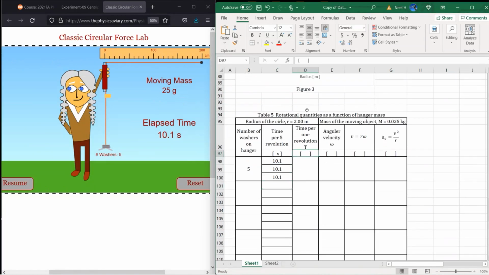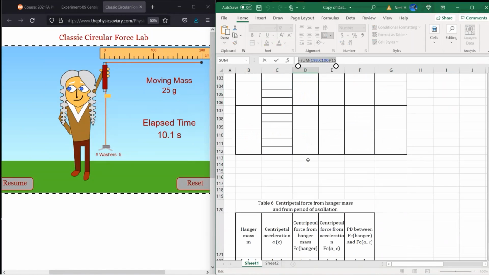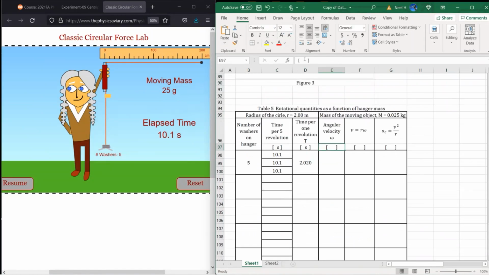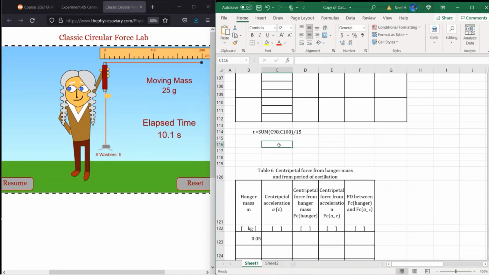By knowing that, I can calculate time for one oscillation: sum of all of these three, divide by 15. That we can keep a little bit more sig figs like we did earlier. Let's add that function here. And then we'll do the omega like we did earlier, radian per second. That's going to be 2 times pi divided by the period of oscillation. Let's add that function also here.